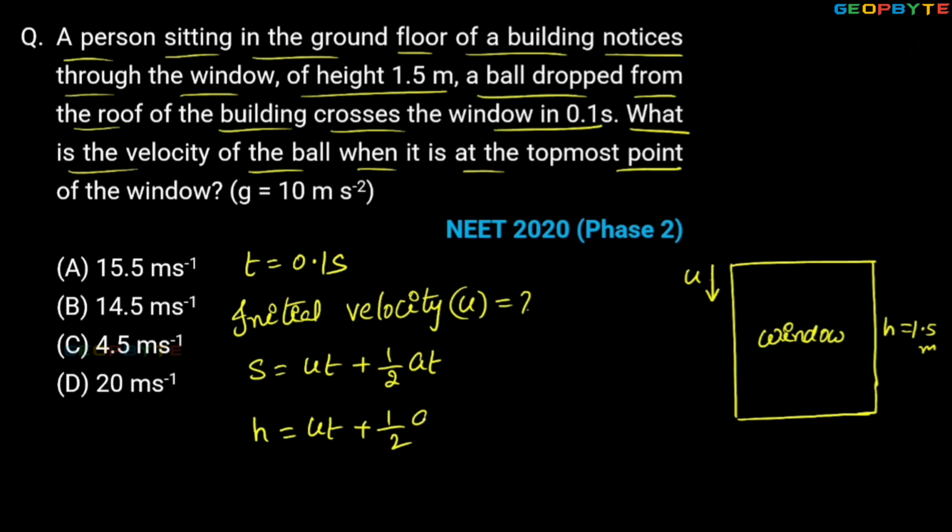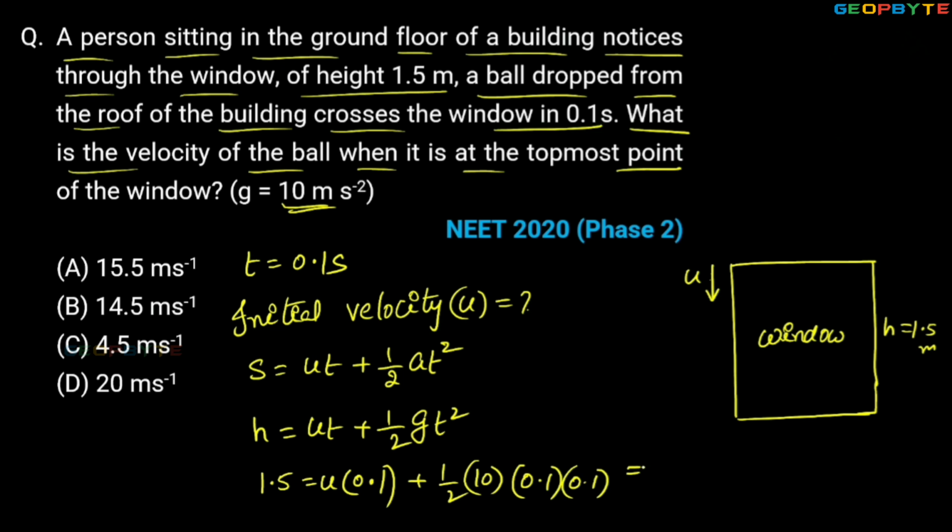That is the formula you can use. h equals 1.5 equals u, unknown value, times 0.1 plus half into g, value given 10, into 0.1 into 0.1.